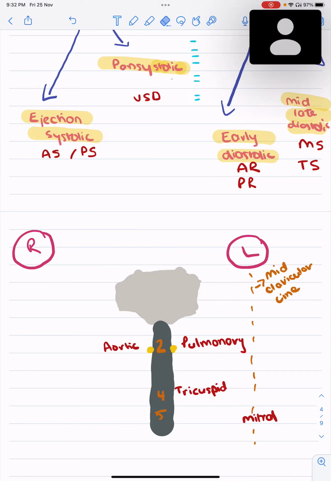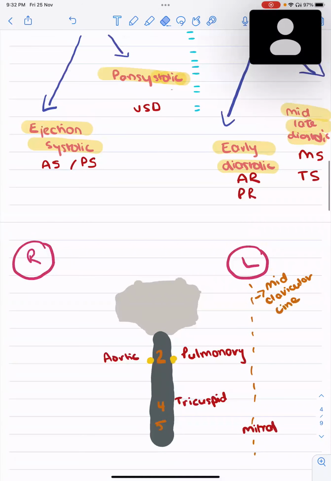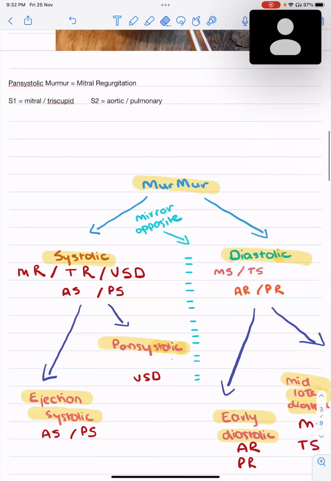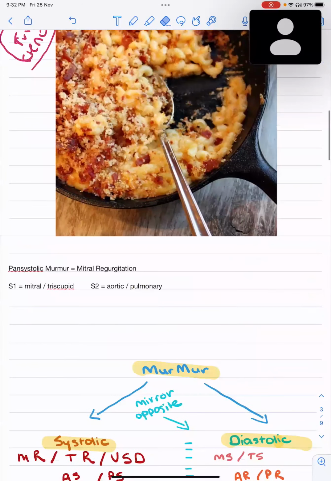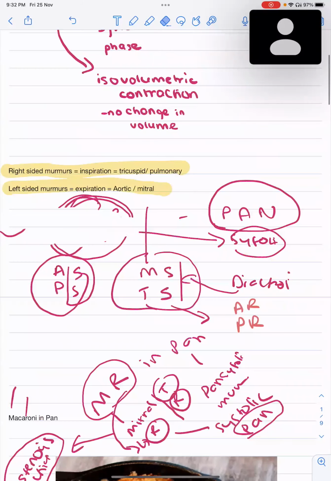Which murmur could it be? Just give a wild guess. Okay, guys. Someone said tricuspid regurgitation. Now let me make you understand this again.